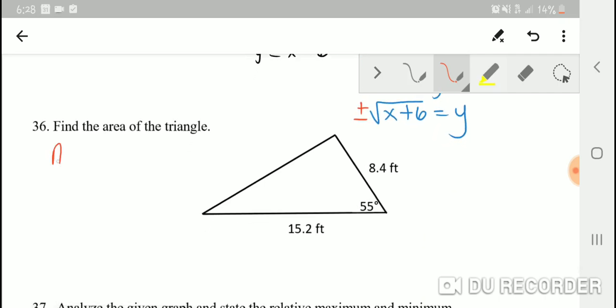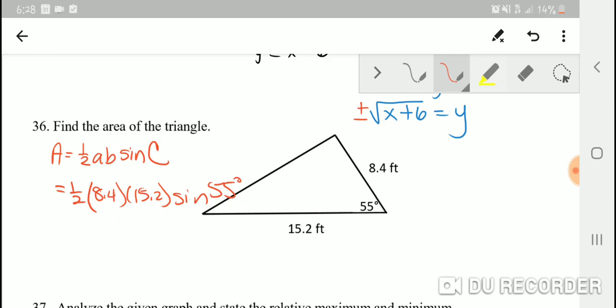Number 36 is really simple. If you remember the area formula for triangles, 1/2 ab sine C, you're just plugging in your values now. So 8.4, 15.2, sine 55. That's one way to do it.